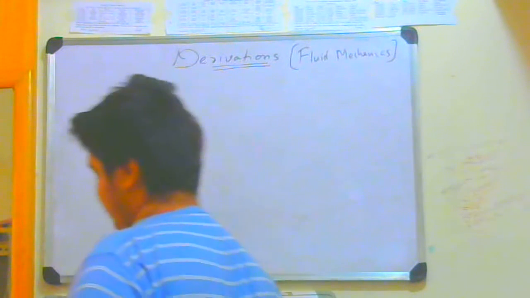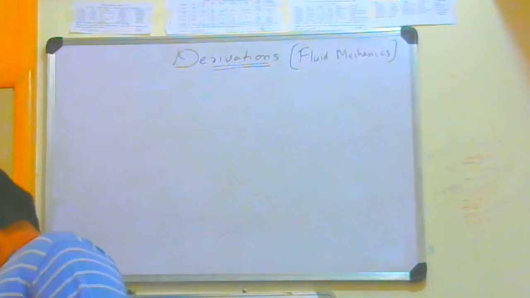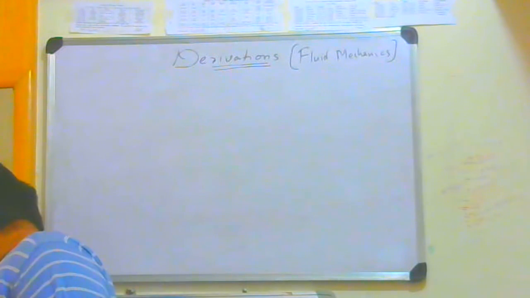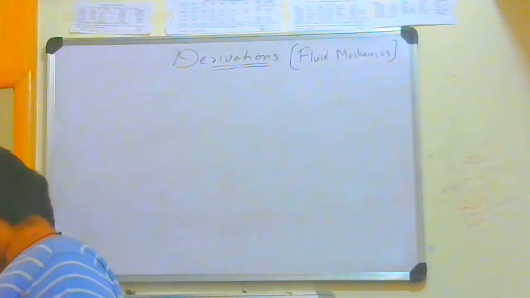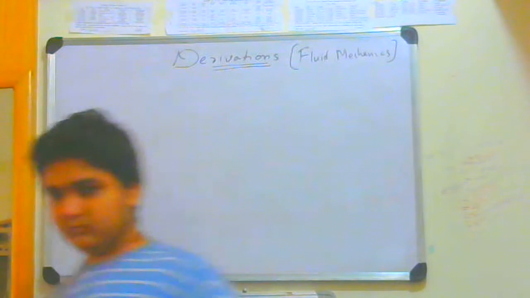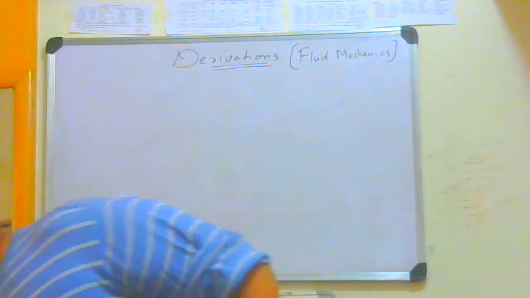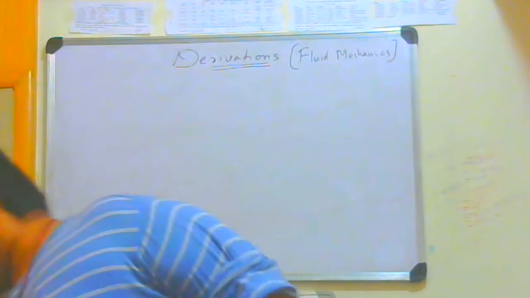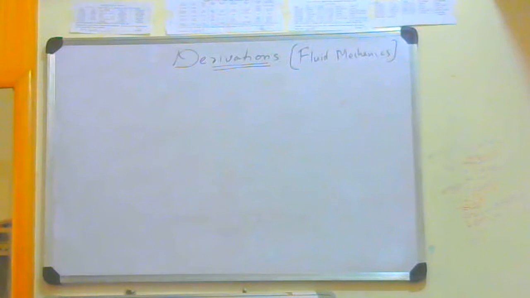According to NCERT, it's a mechanical properties of fluid. So we'll start with this one. So the derivations given to you is first pressure due to liquid column.